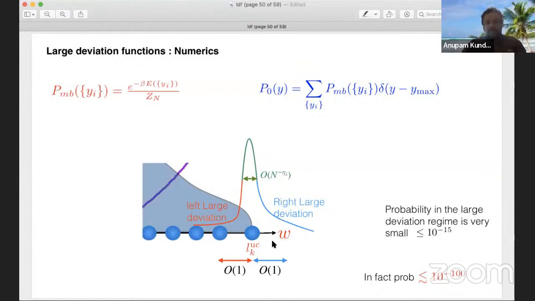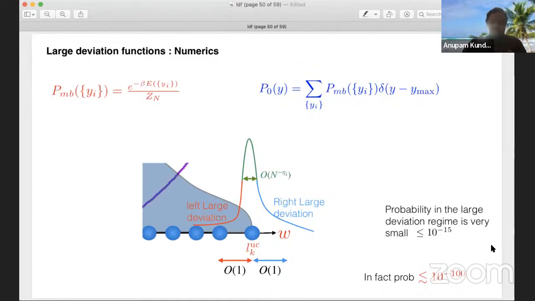But we want this distribution at order less than 10 to the -15, or in fact of the order of 10 to the -100. To get this order of probability, we have to generate these events at least 10 to the 100 times, which is exorbitantly large. So we have to bias the method appropriately.